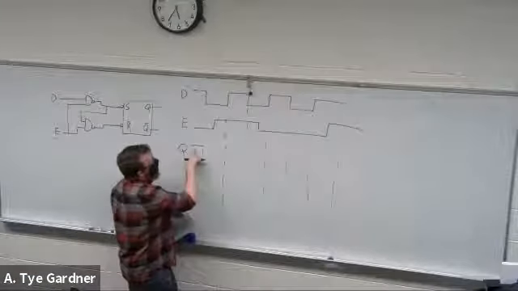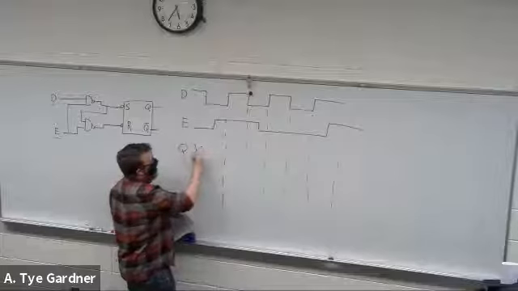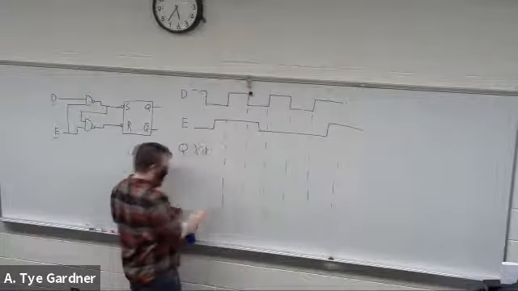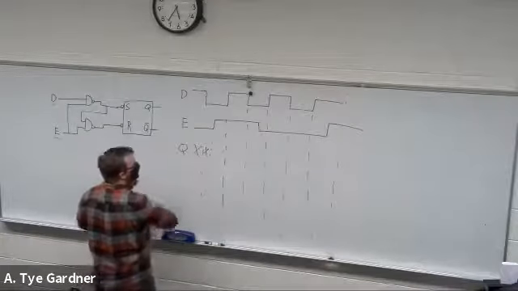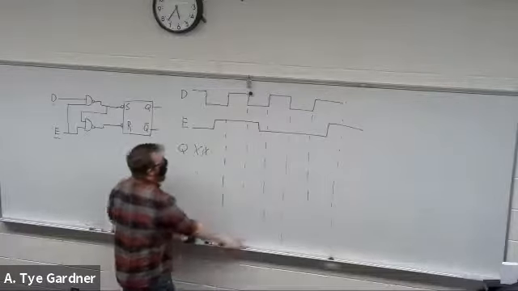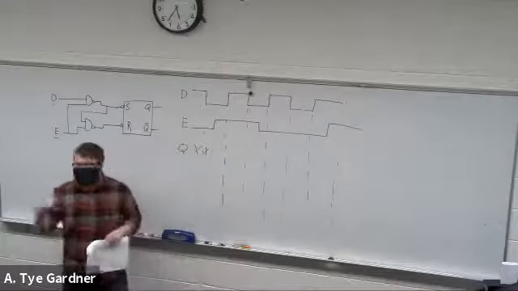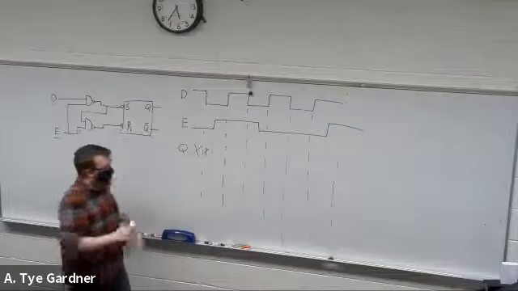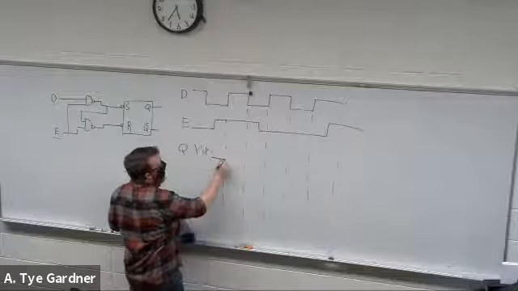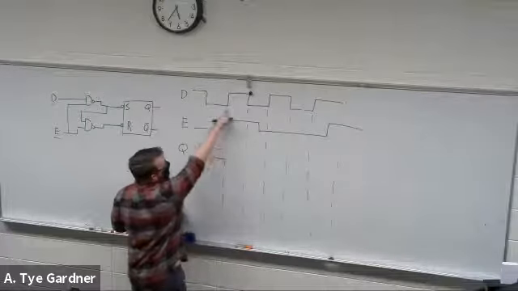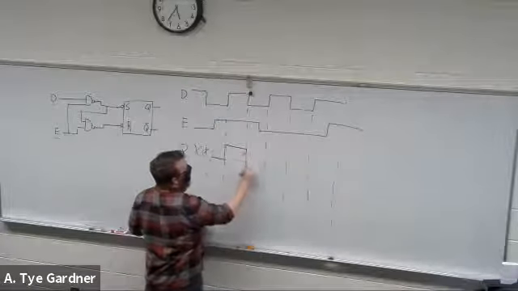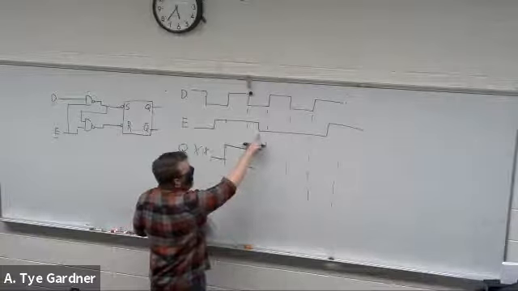So if I started at 1, another way of saying it is I don't know yet until here. At that point in time, now I've enabled it. Now I know what's about to happen. Well, it's low. And then here, data goes high. And then low. And then we turn off enable.